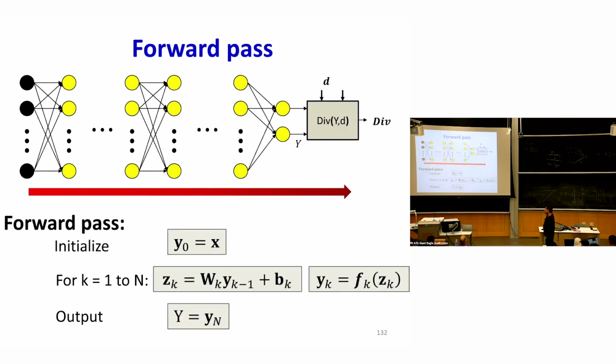I can just write y0 equals x, and then each layer z is simply the weight matrix for that layer times the output vector for the previous layer plus the bias. And the activation for each layer is simply the activation function of that layer applied to z.